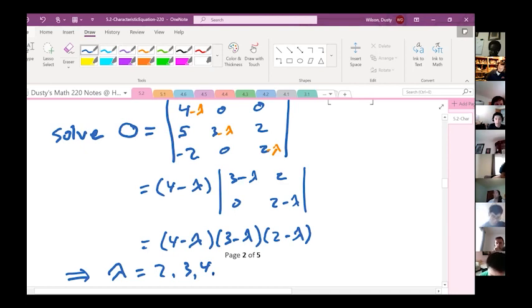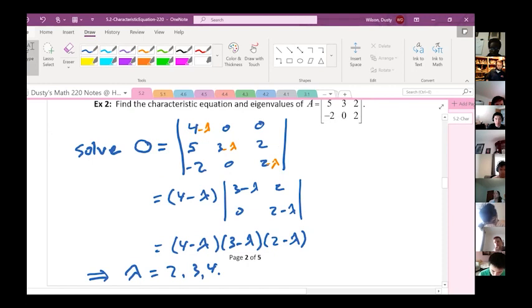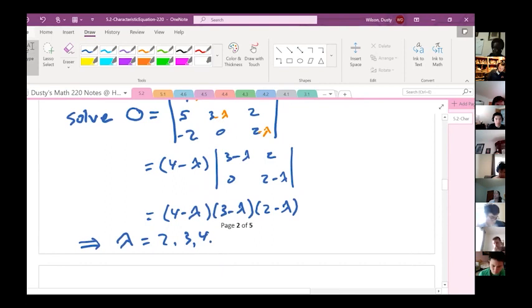Dusty, does it matter which order you put in the lambdas? No, I would suggest either increasing or decreasing. I think actually it can be helpful to put them in almost the opposite order, of the 4, 3, 2.